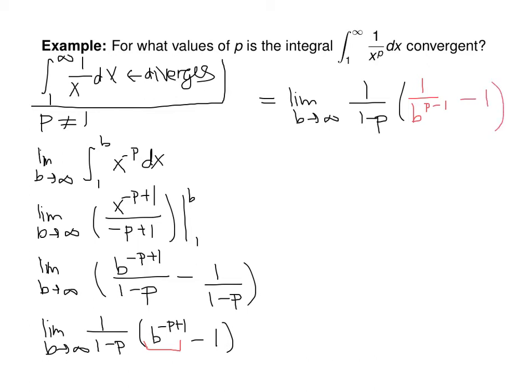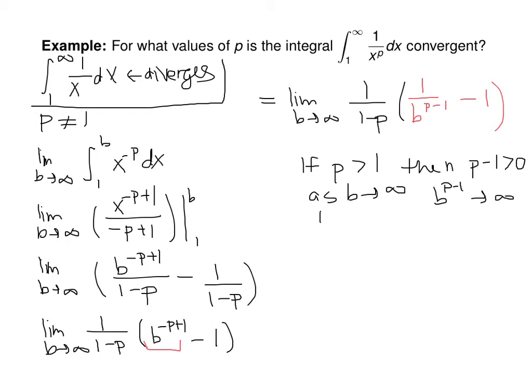Now, if your p is bigger than 1, then p minus 1 is bigger than 0. So as b goes to infinity, b is going to be raised to a positive power, so b to the p minus 1 is also going to go to infinity, meaning 1 over b to the p minus 1 will go to 0.